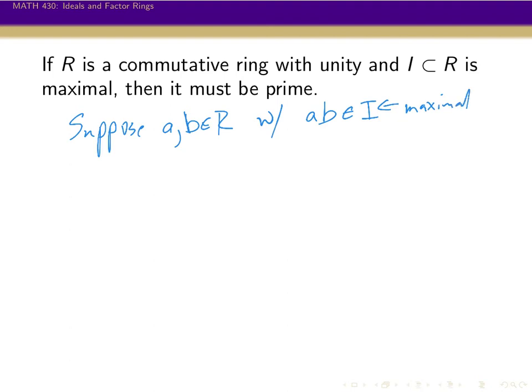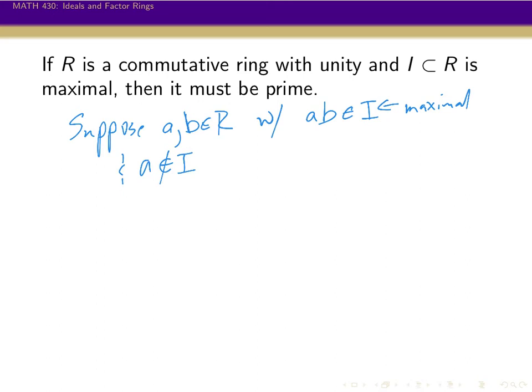And we want to show that this means that I has to be prime. So let's just say that A is not inside of I, because if A is inside of I, then that would fit the definition of prime. If A is not inside of I, then we're going to show that I is prime by showing that B has to be inside of I then.